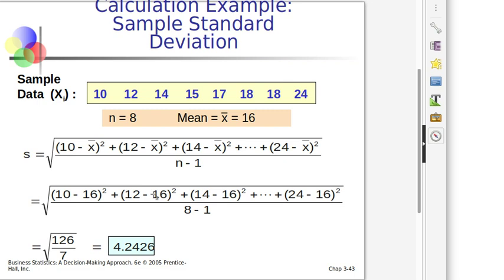Now, here's a calculation example for sample standard deviation. Sample and not population.